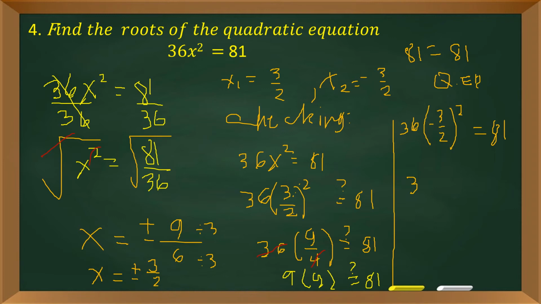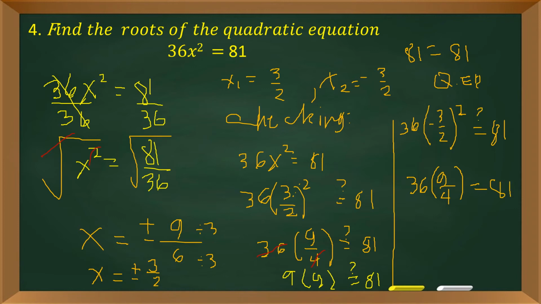Pasensya na po kayo sa sulat kasi mahirap po i-navigate yung mouse. So 3 squared is 9 over 2 squared is 4. Of course, positive pa rin yung lalabas kasi negative times negative becomes positive. Equals 81.